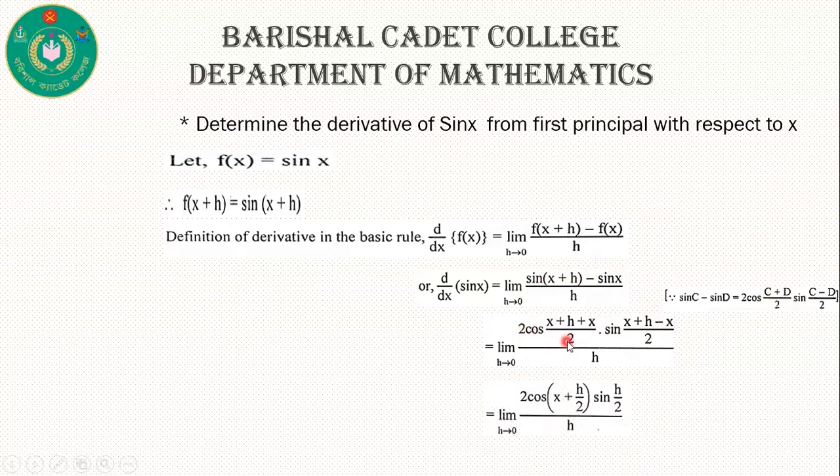Then we can write limit h tends to 0, 2 cos (x plus x, that means 2x, 2 cancels, that's why we can write) x plus h by 2, and here x and x cancel, that's why we can write sin h by 2 by h.